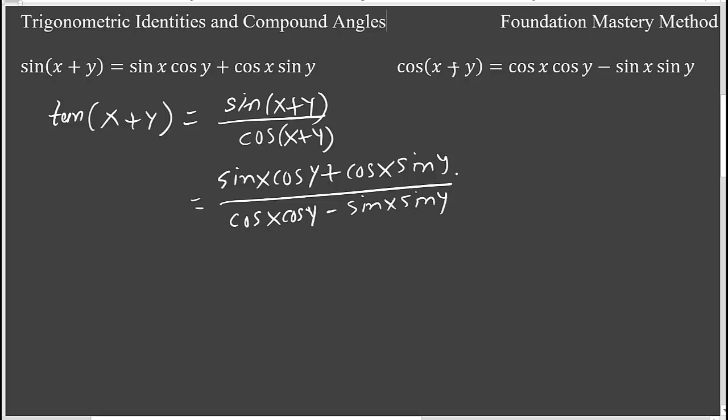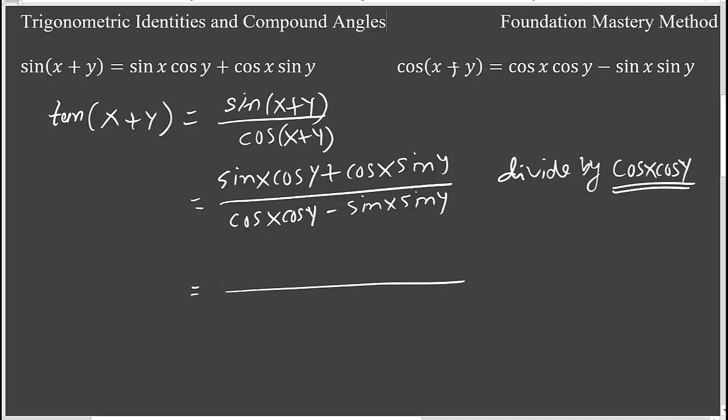If we want to go back in terms of tangent, we can easily do it. So now we want to divide each term by cosine x cosine y. If I divide this by cosine x cosine y, cosine y will cancel out, and sine x over cosine x will be tangent x.